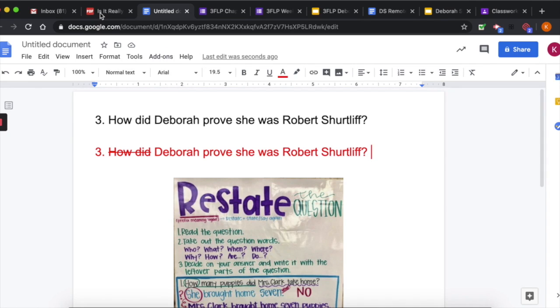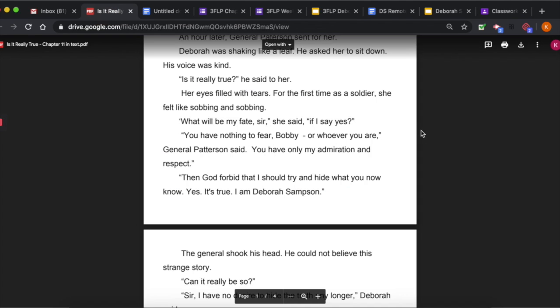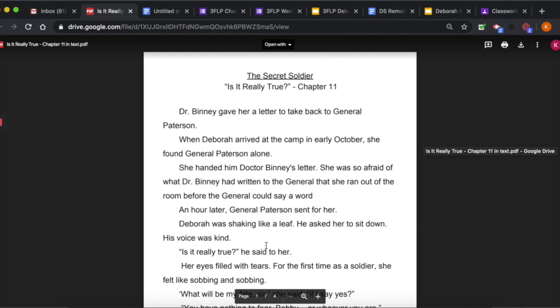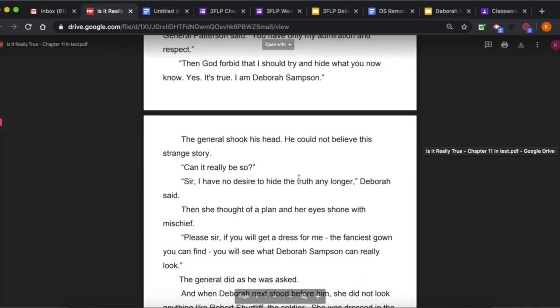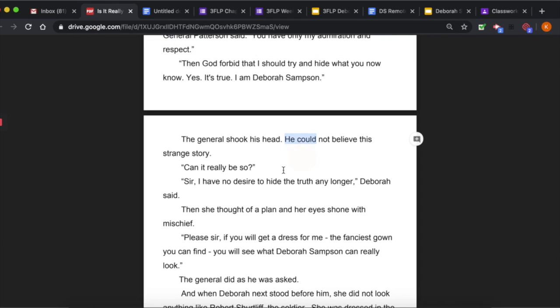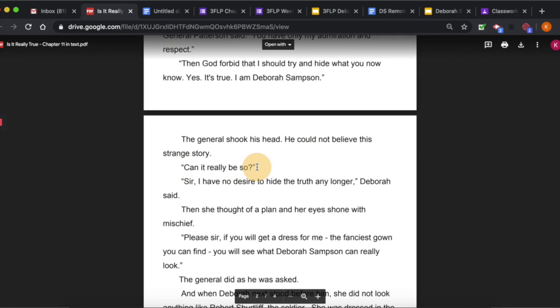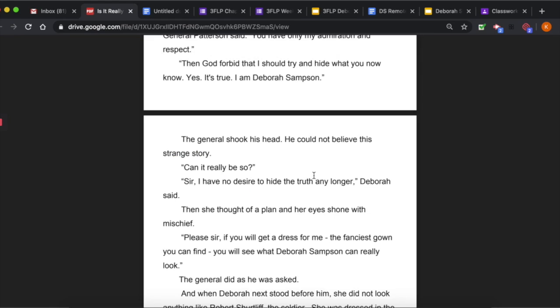All right, we got to find our answer. So I'm going to go back into the text. I have my first page here. This is when we know Deborah's shaking like a leaf. I'm going to scan and see what's happening. So I have the general saying he could not believe this strange story. Can it really be so? That kind of gives me a clue that Deborah might be trying to prove something, right?